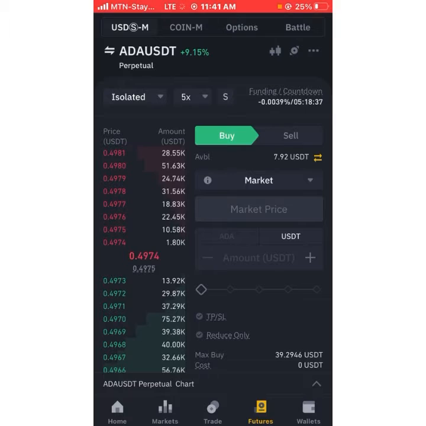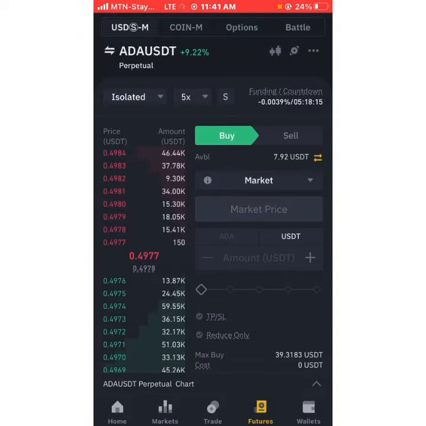All right, so now what do we do? If you place a buy order, this is what happens. 2 things happen simultaneously at the same time. When you place a buy order, this is buy and this is sell. You can see sell red, buy green.